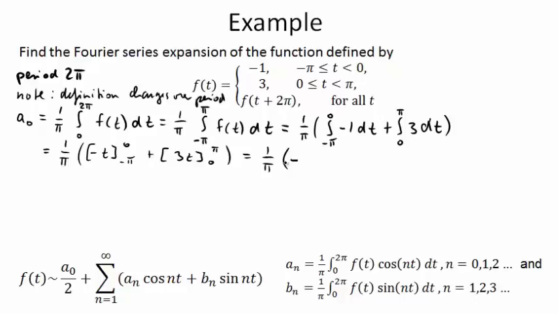So that means we've got minus, sub in minus pi, minus is plus. So what remains here is minus pi. And we sub in pi, 3 pi. If we sub in 0, we get 0. So this is it. We actually get 2 pi over pi, which is 2. So a0 is equal to 2.